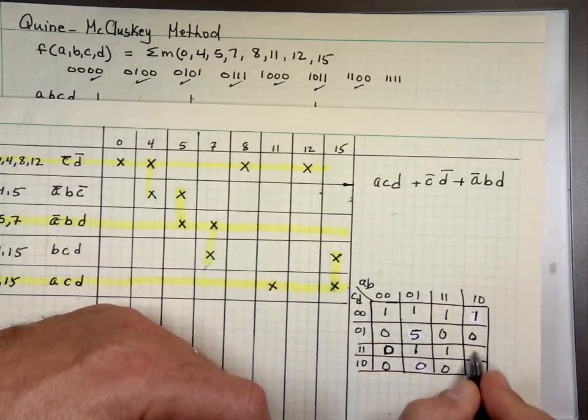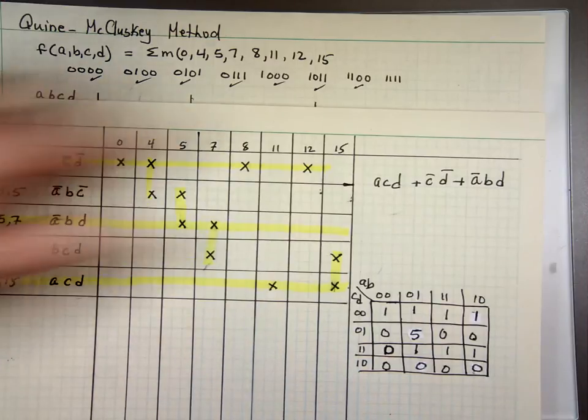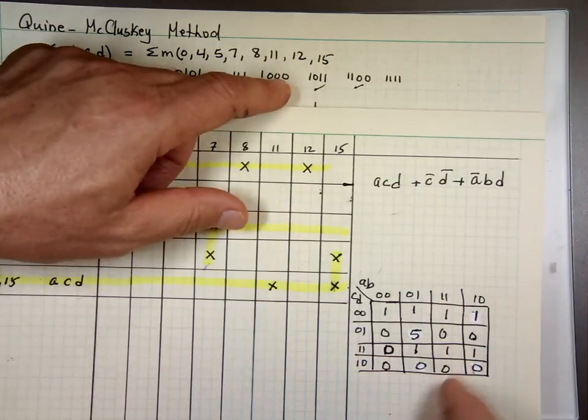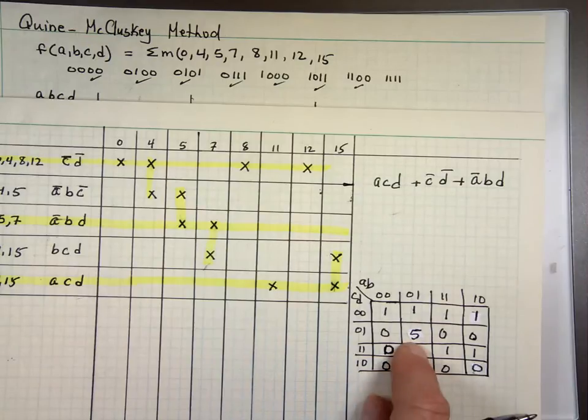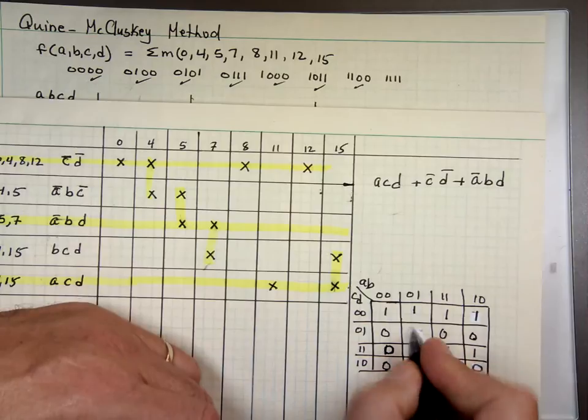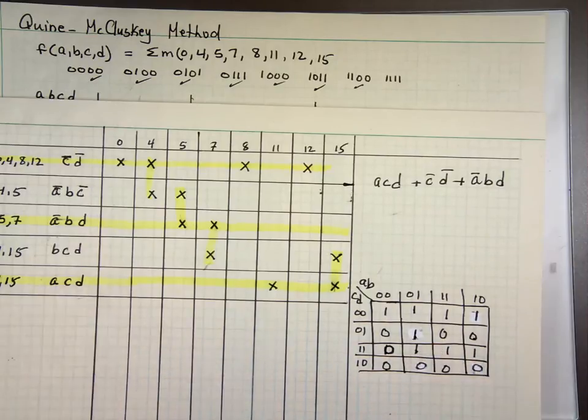I knew I missed 1. 12, 13, 14, 15. Oh, why did I say 5 here? Yeah, that's supposed to be a 1. I should just stay with the way I normally do them, label them. Make life easy.